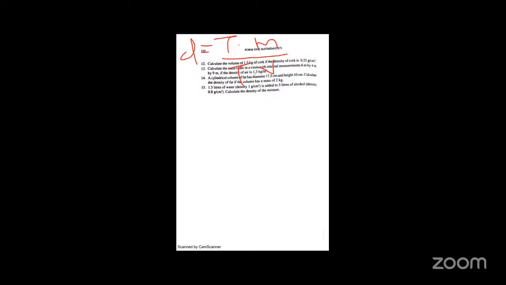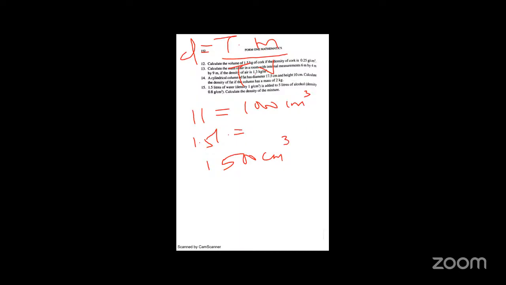Water, we are told that 1.5 liters of water, and density is 1 gram per centimeter cubic. So we know that 1 liter is equivalent to 1,000 centimeters cubic. How about 1.5 liters? So that one gives us 1,500 centimeters cubic.